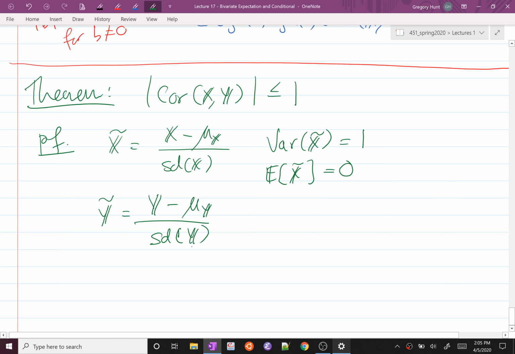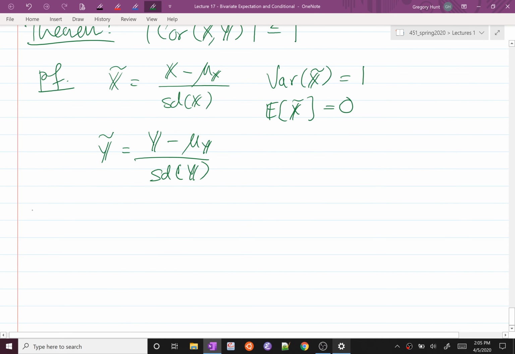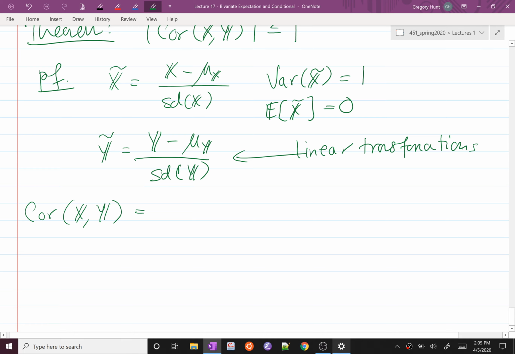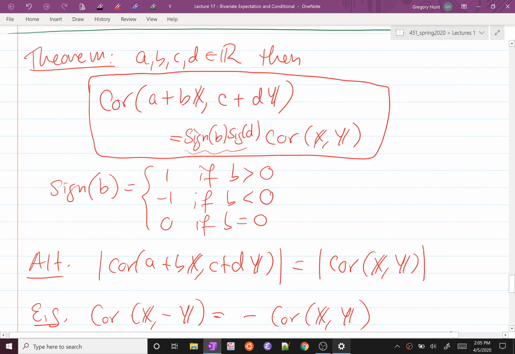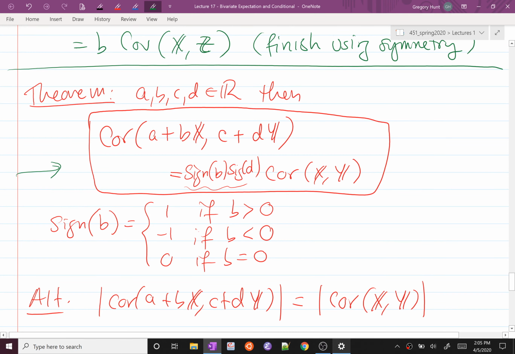We can do this linear transformation because it turns out that the correlation between x and y, we know these are linear transformations. And so we have a theorem that says if I linearly transform x and y, it doesn't change the correlation.